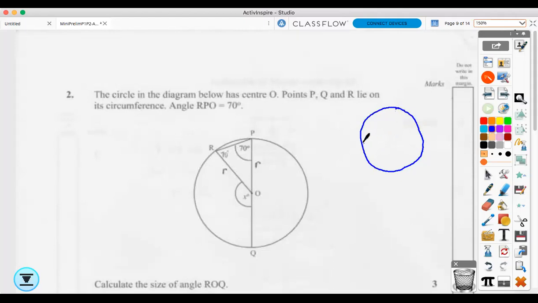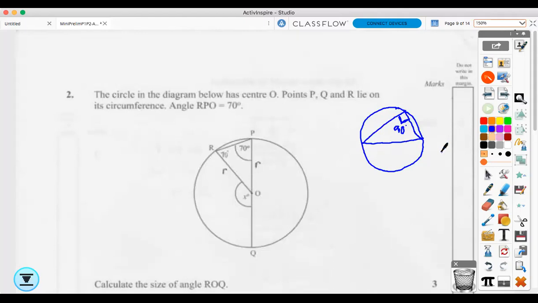So a triangle made using a semicircle, or if the diameter is your longer side, that's when you're going to get a 90-degree angle. And that's the only time you're going to get a 90-degree angle.